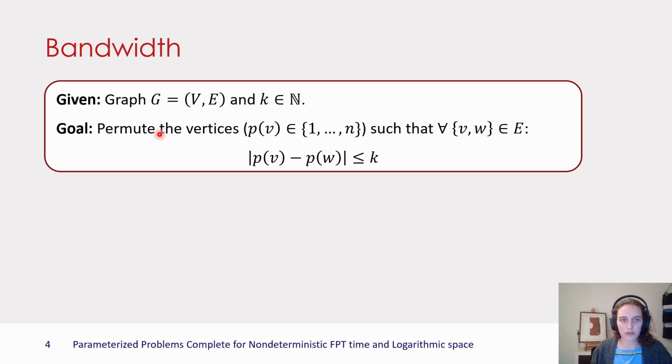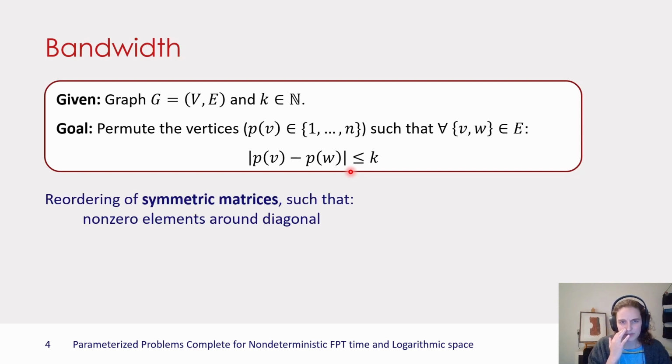So we want to give the vertices a number 1 up until n, such that for every edge in the graph, the two vertices that lie on that edge actually have numbers that are close to each other. So you could see this as the reordering of symmetric matrices such that the non-zero elements are around the diagonal, which is beneficial for some types of other algorithms.